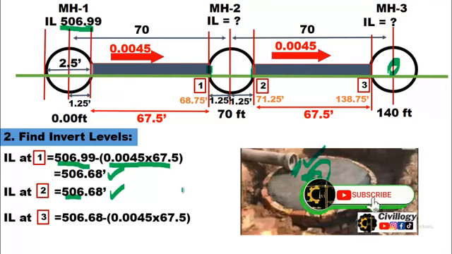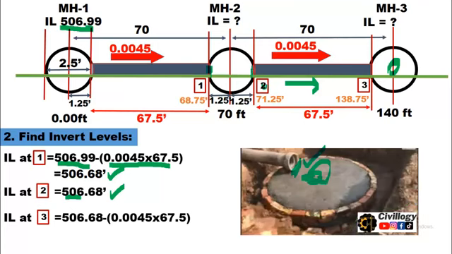Now we are proceeding rightward. We are going in the rightward direction, and we have calculated the invert level up to point number 2, and now we are traveling the distance of 67.5 feet to reach point number 3.